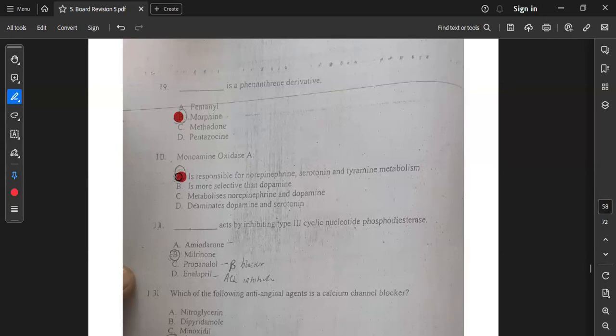Okay. I think the answer is choice B. Because amiodarone is a potassium channel blocker? Then propranolol is a non-selective beta blocker, and enalapril is an ACE inhibitor.